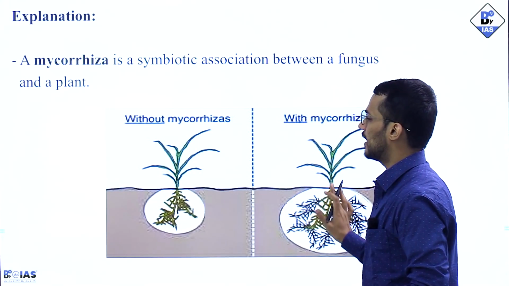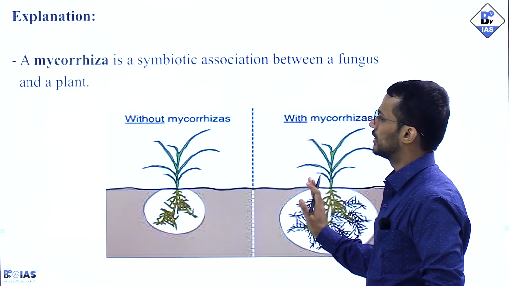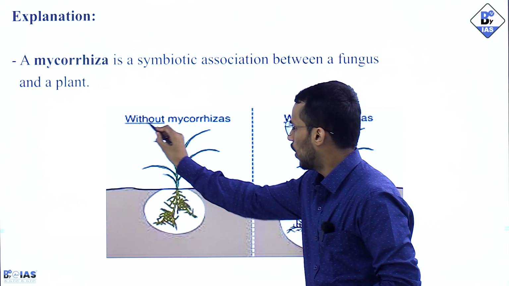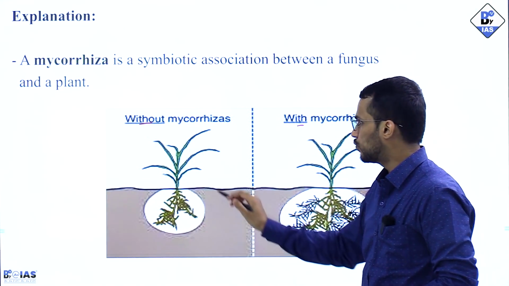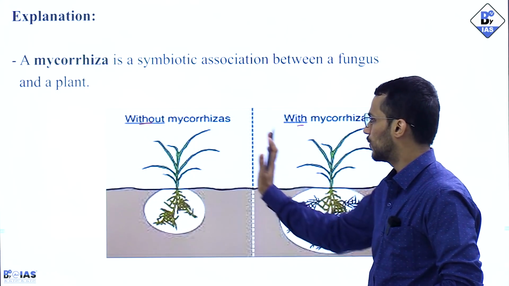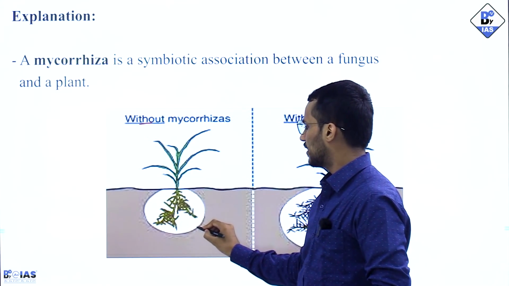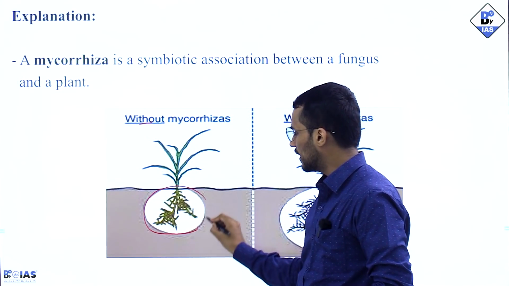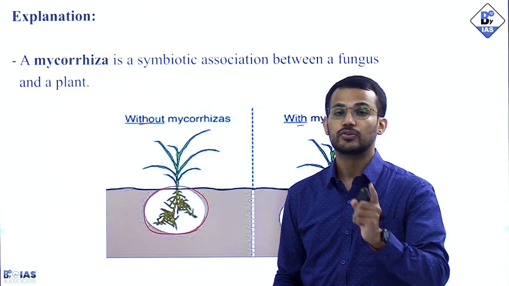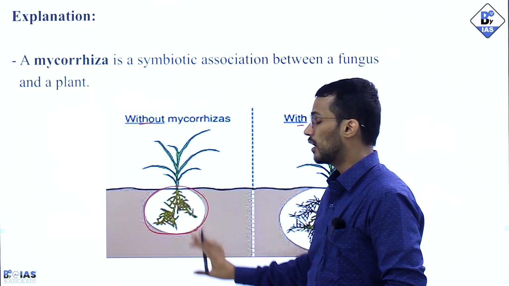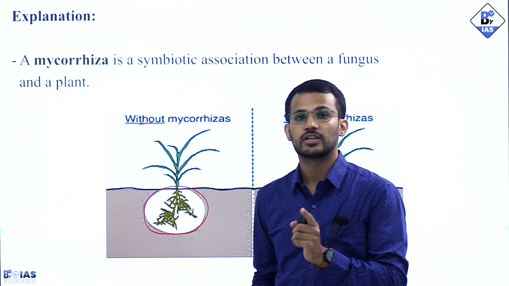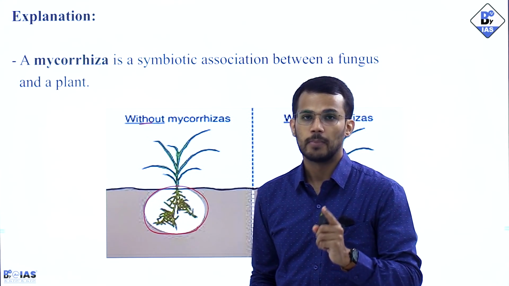So this is a diagram which gives us scenario without mycorrhizae and with mycorrhizae. So in the first picture you can see that roots are not in association with the fungus called mycorrhizae.